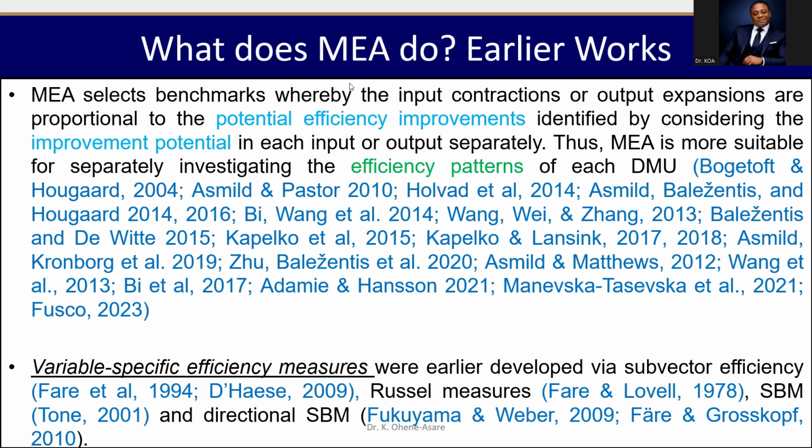So if I can use the slack we looked at the last time, if you can get the target for the DMU and the actual for the DMU, then you can get the target for the variable and the actual for the variable. And so you can also find variable specific efficiency under MEA.